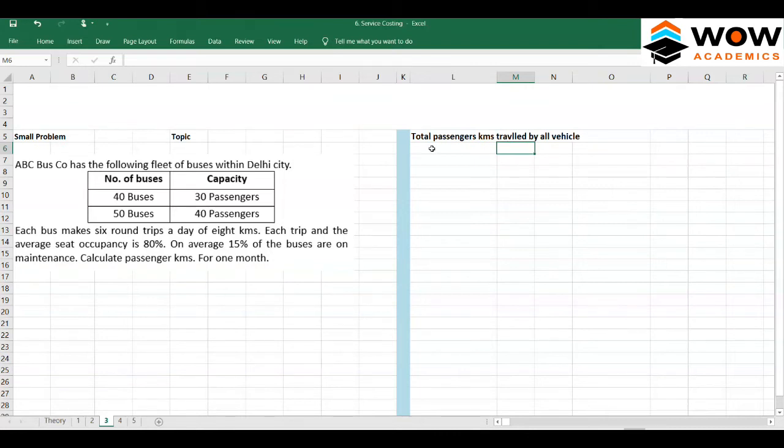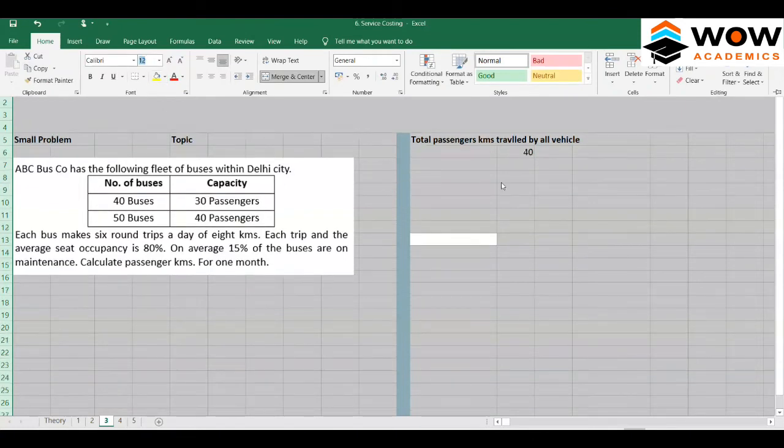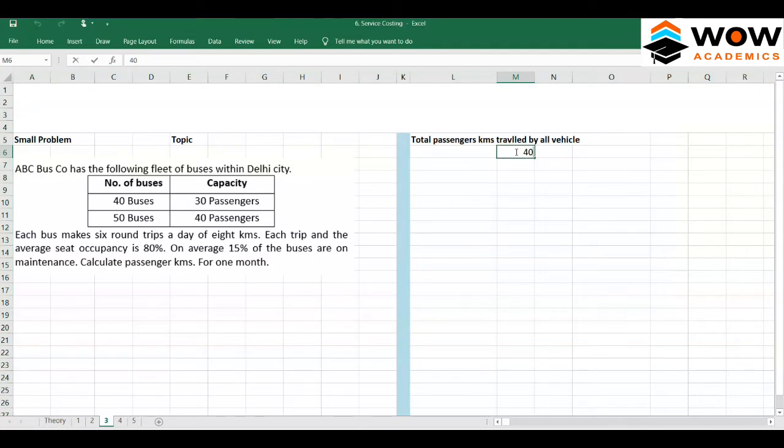First we'll do for 40 buses. There are 40 buses multiplied by 30 passengers, and each passenger.